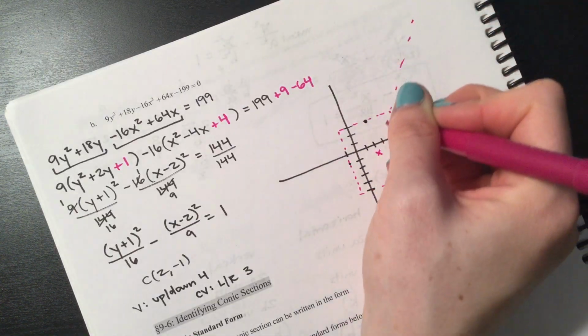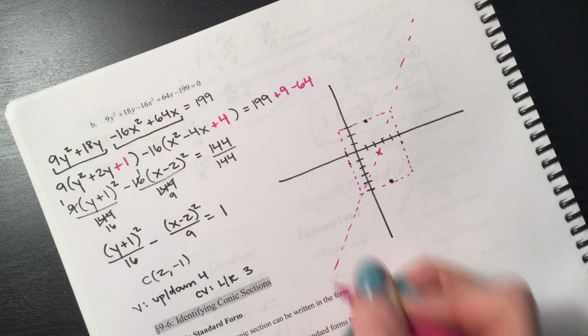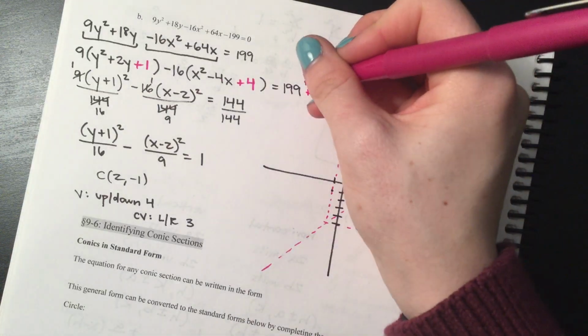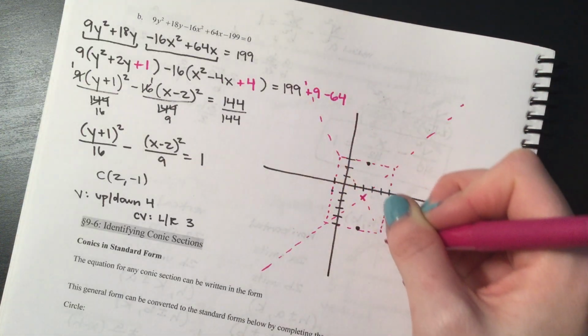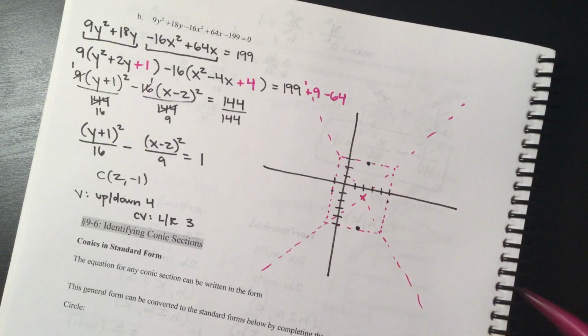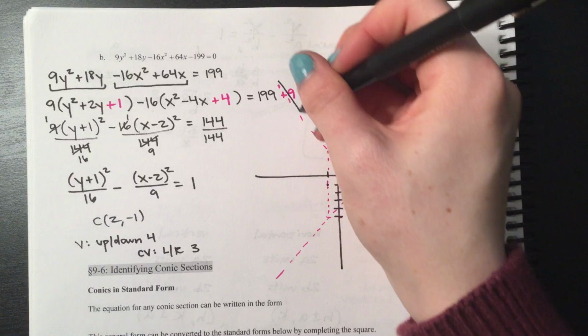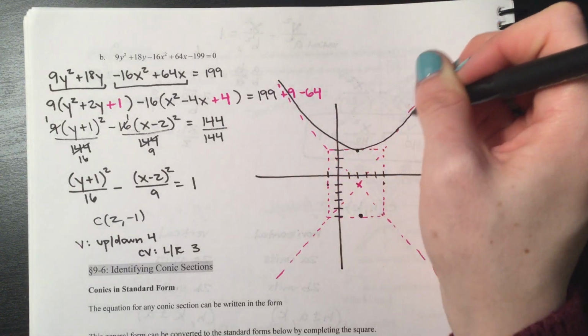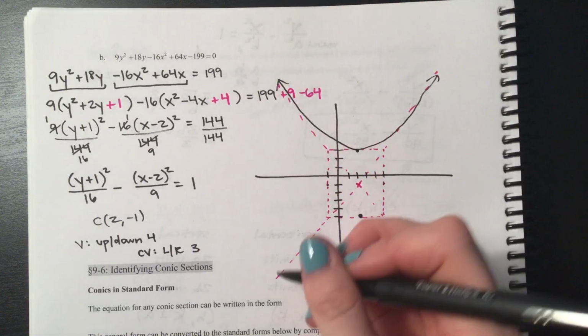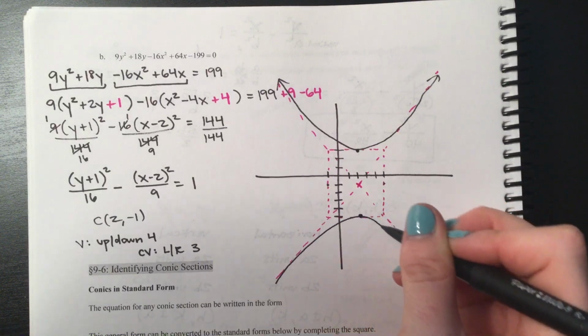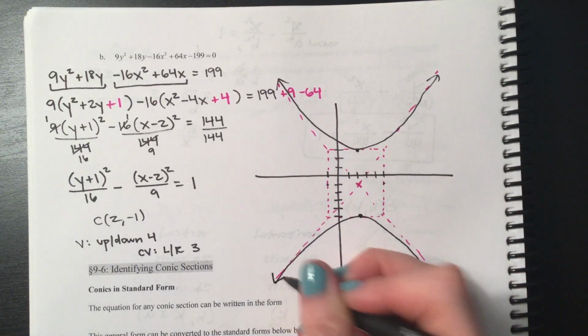So we've got the box, so our asymptotes will go through the corners, out the other side. All right, and we use that, and we use these points to shape exactly what our hyperbola should look like. There you go.